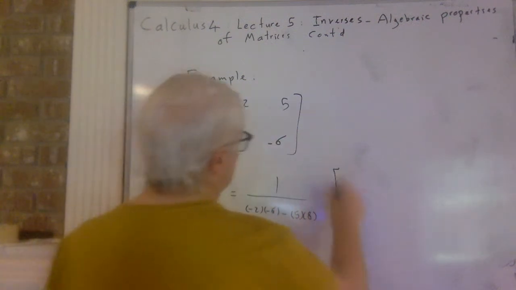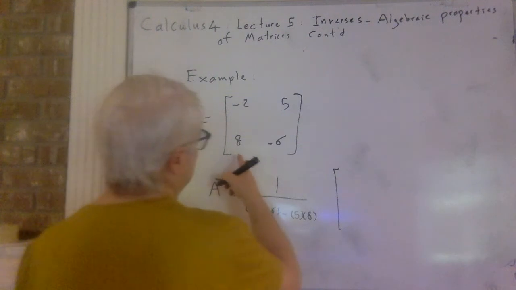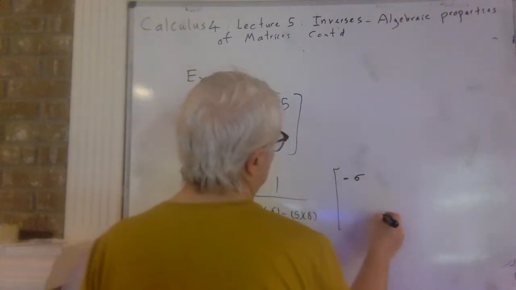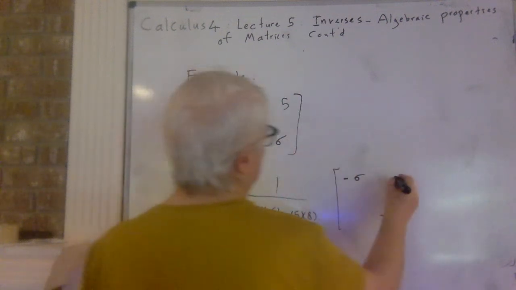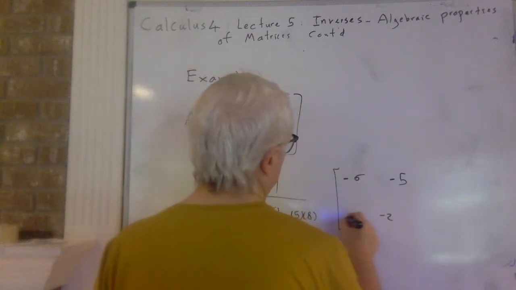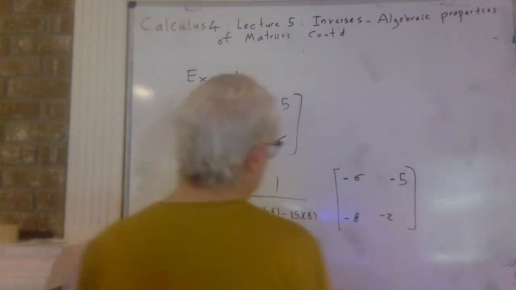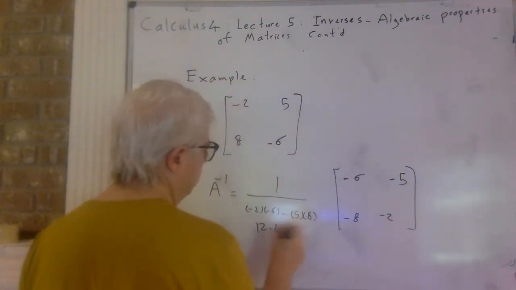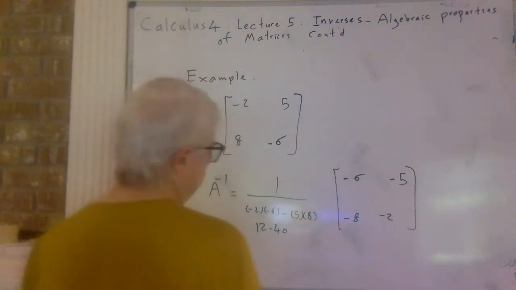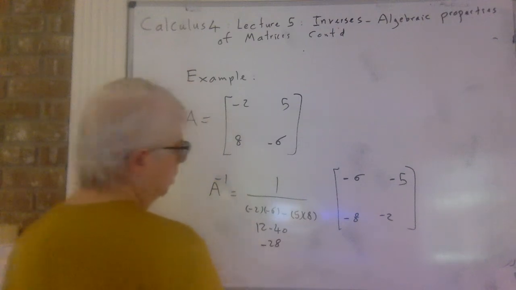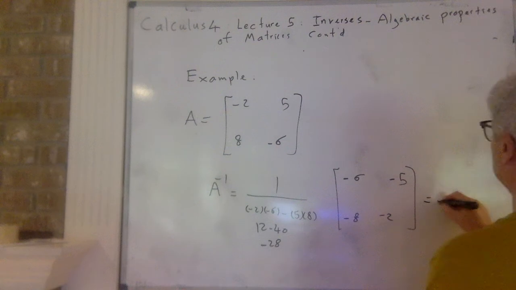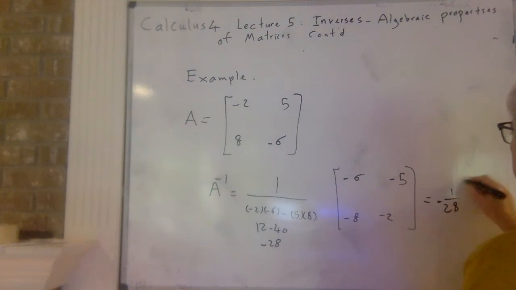Then I guess this one goes here, so minus 6, minus 2, and this one, I will get minuses in front. And this is 12 minus 40, that is minus 28. So the inverse is in fact minus 1 over 28 and this.